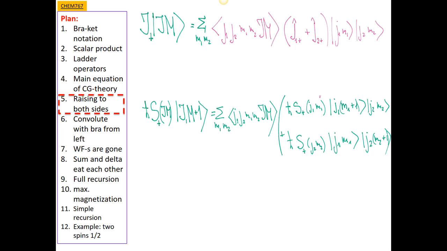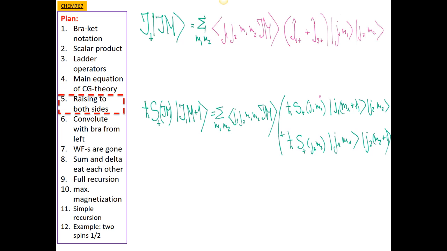It's just a number in front of this wave function. So this is the wave function, and this is a number. Oh, okay. This is the wave function, and this is the operator.